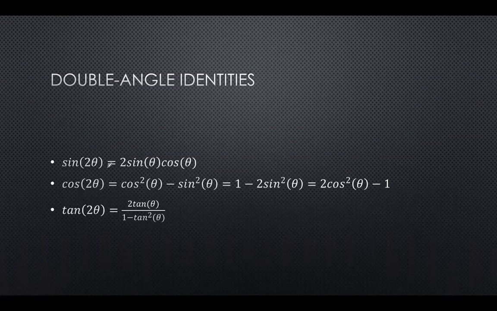So the first thing we'll do today will be the double angle identities. Double angle is when you have double the angle inside sine, cosine, and tangent.